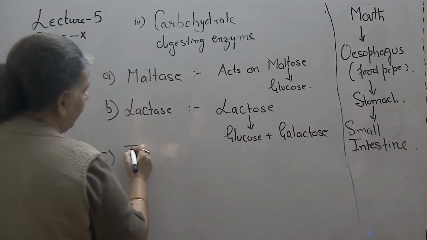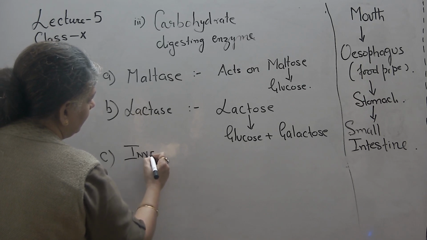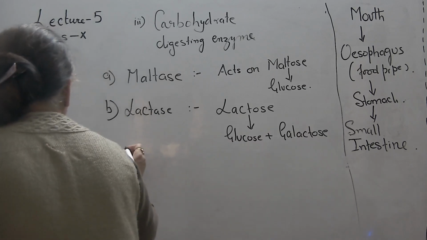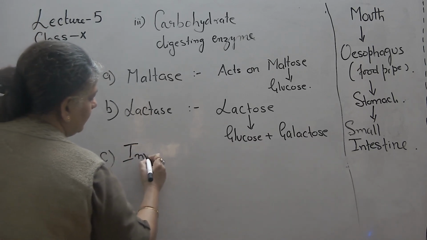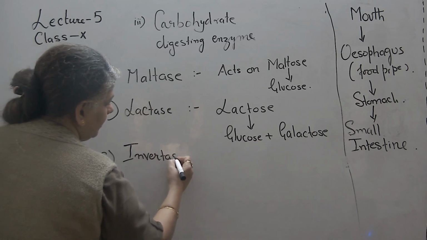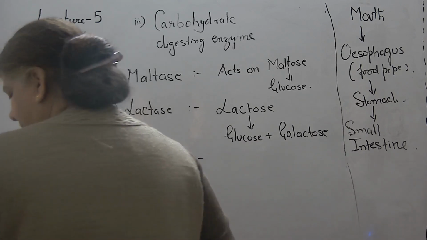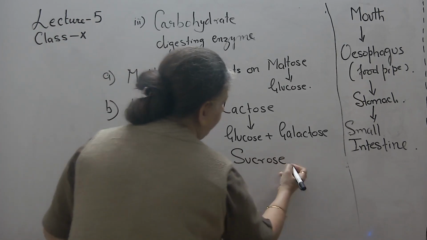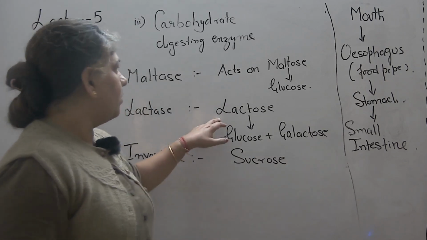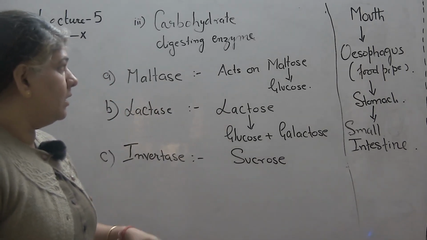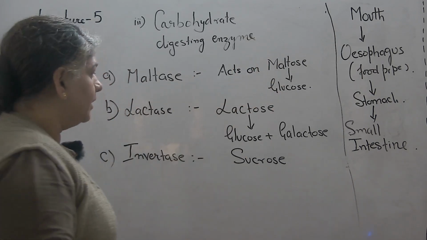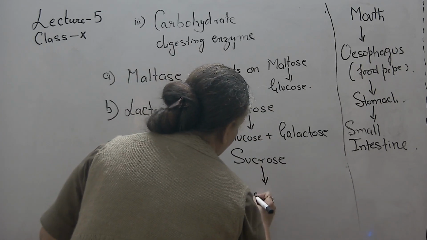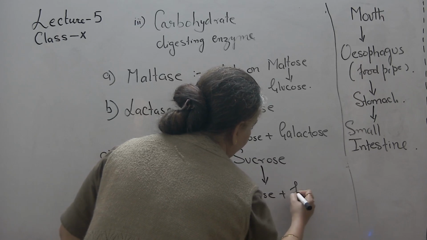Then invertase acts on sucrose. Sucrose is obtained from sugarcane. Lactose again is present in milk, maltose in barley, and this sucrose is converted into glucose and fructose.